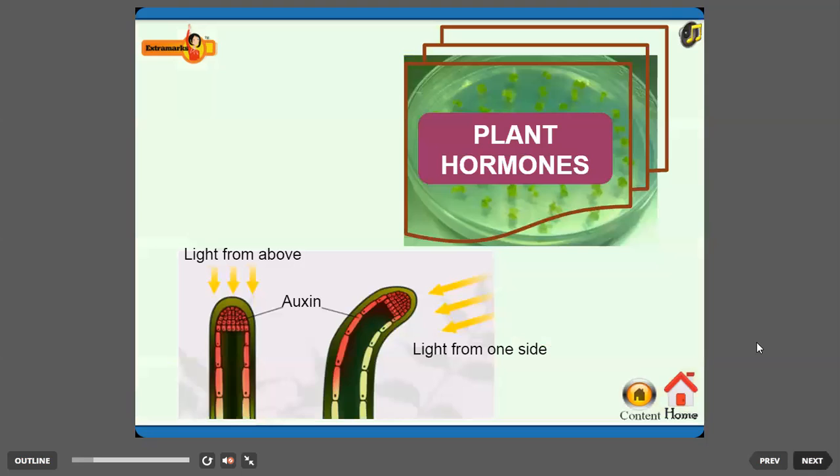Now we are coming straight to the plant hormones. Before starting the plant hormones, we should know why these hormones are needed. Plants produce certain chemical substances in their cells which regulate their growth. These chemicals are secreted in very small quantities, but they have a physiological role in a plant.